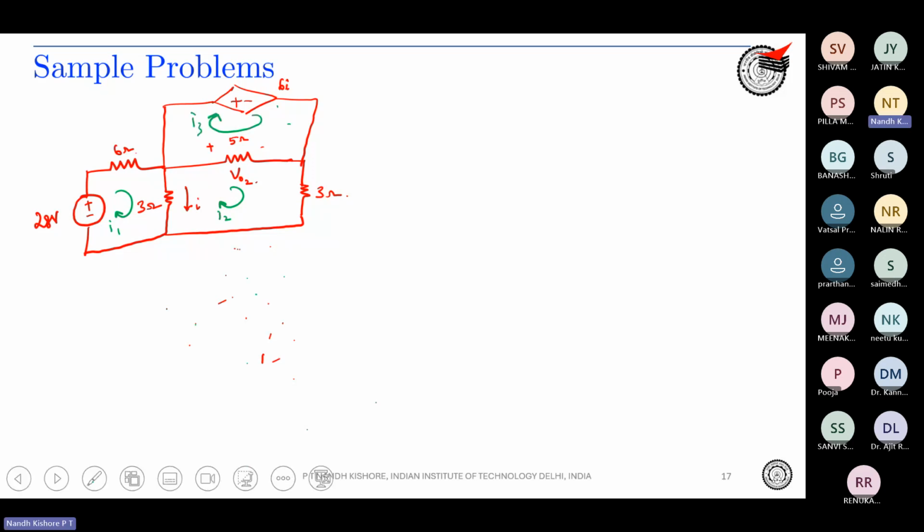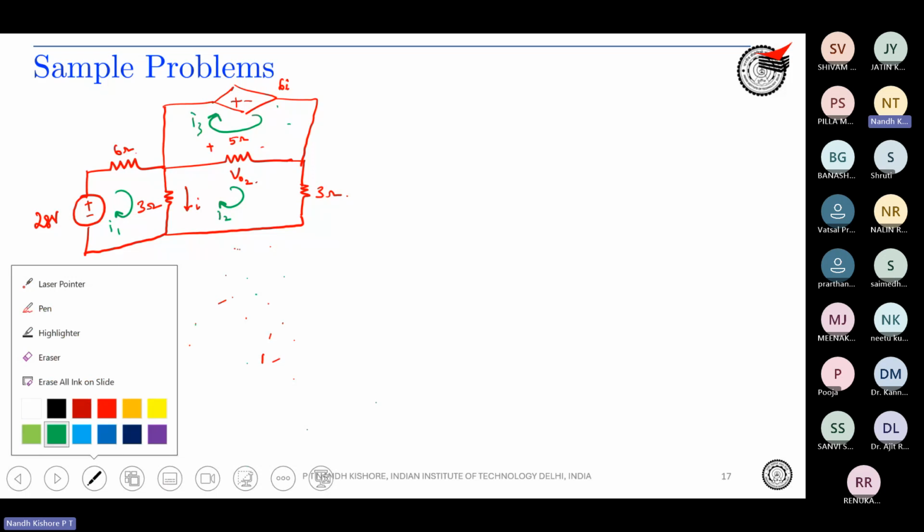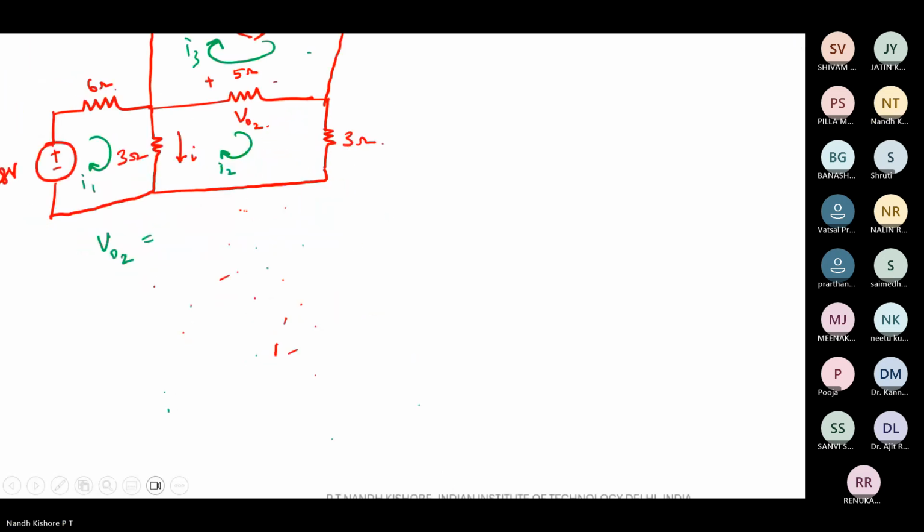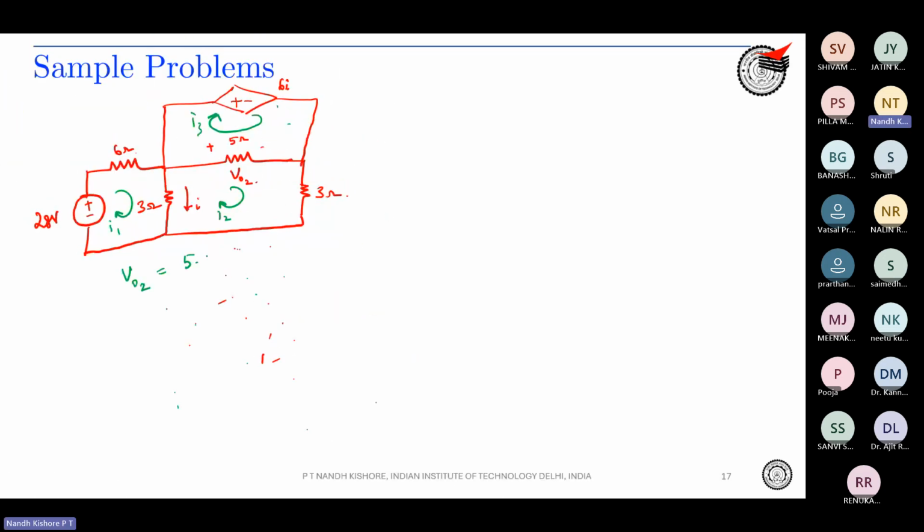What will be the value of VO2? What is VO2 from this diagram? VO2 will be 5 into, with polarity plus to minus, I2 minus I3. So VO2 is going to be 5 into I2 minus I3. We just need to find out what I2 and I3 are.